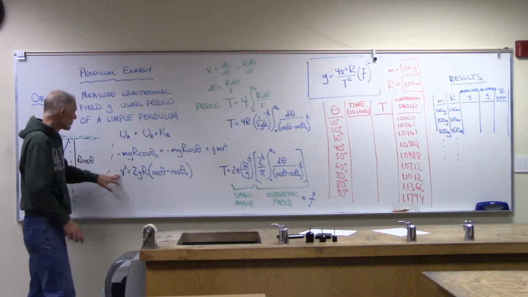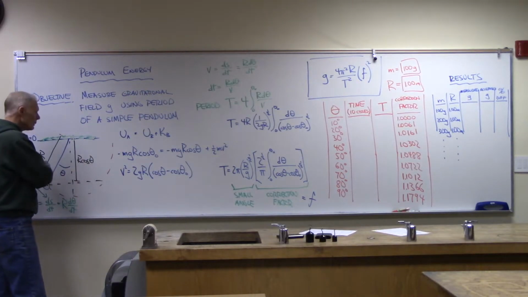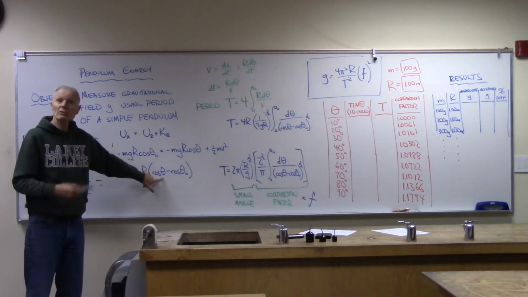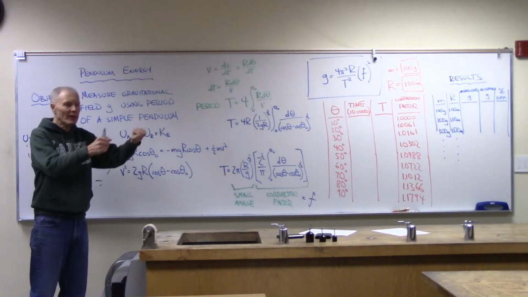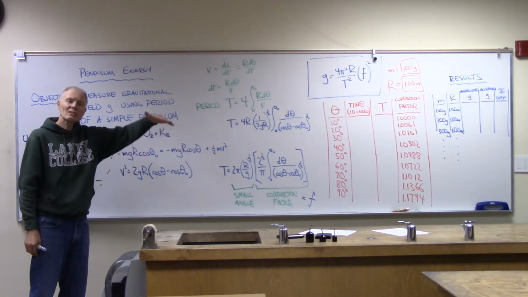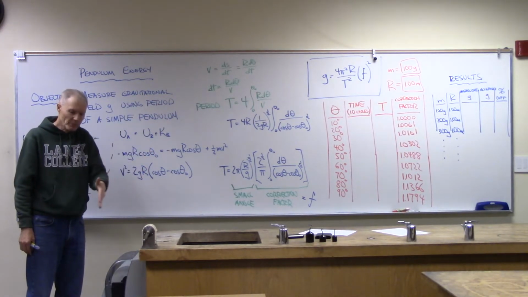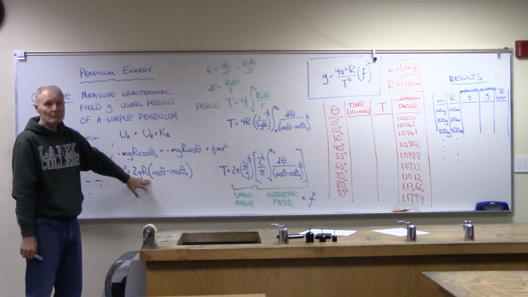Now that says that the speed, as this pendulum goes back and forth, the speed as a function of position is going to vary. You guys know this, right? If you're in a swing and you're swinging back and forth, you're going fastest at the bottom, and then you slow down and stop, and then you pick up speed, fastest at the bottom, slow down and stop. That's what that formula is keeping track of.